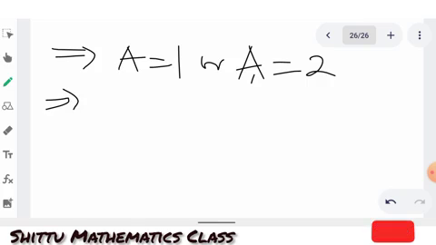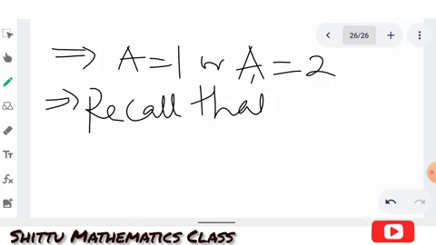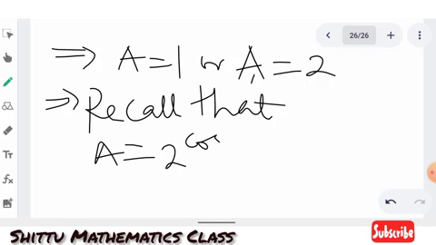Therefore, we recall that a equals to 2 to power cos square x. Therefore, from this value of a we have here, anywhere we see a, we put the value there.